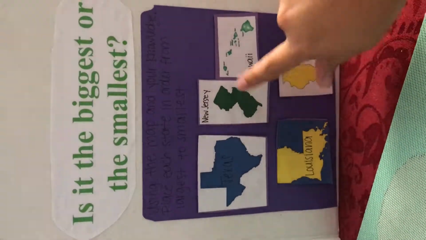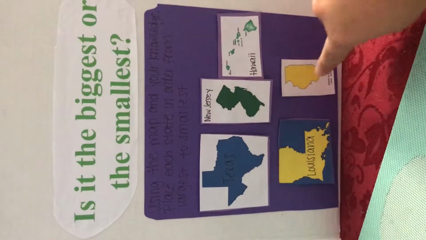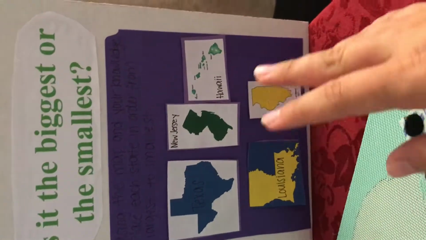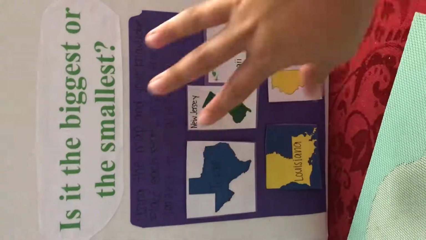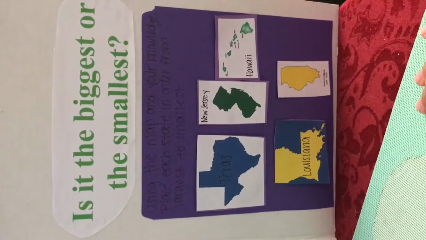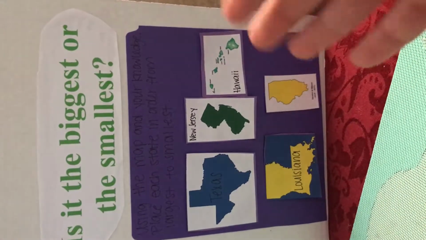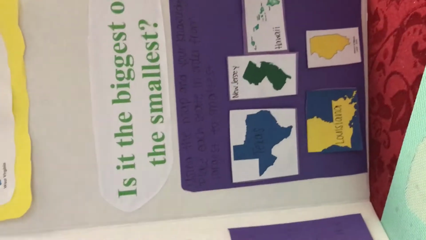So they can do 1, 2, 3, 4, 5, biggest to smallest, or vice versa, kind of scattered around. These are already stuck with Velcro on, so I don't want to take them off right now, but these are all scattered. And yeah, it's pretty cool. It helps them figure out size and what each state really is.